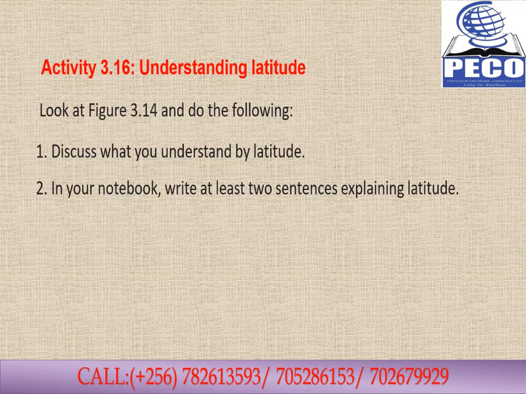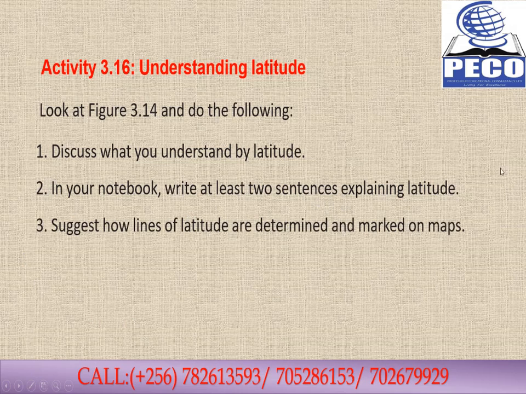But just like northings, they are numbered northwards or southwards. Then in your books, you can write 2 sentences to explain what latitudes are, and then suggest how lines of latitudes are determined and marked on the map.